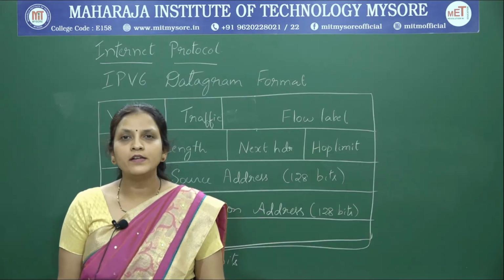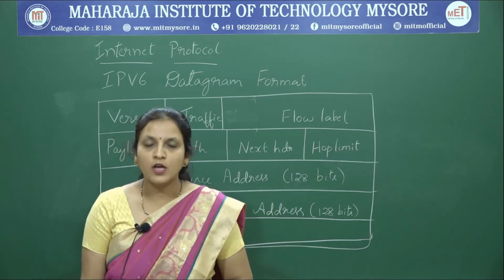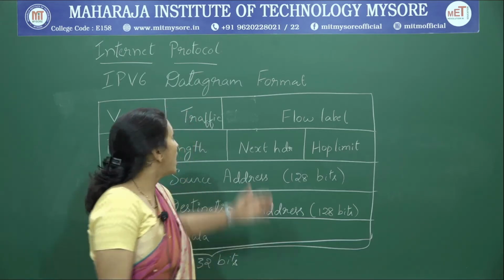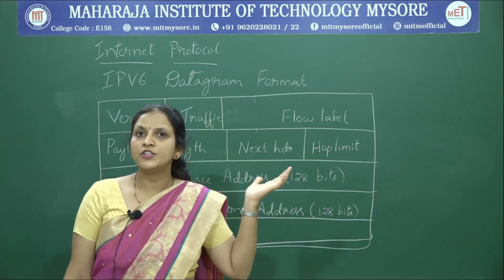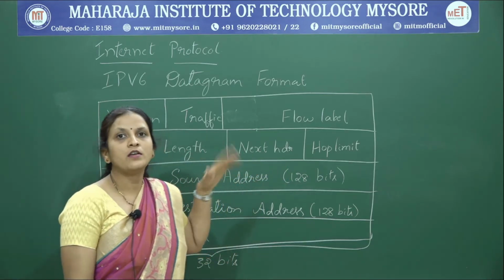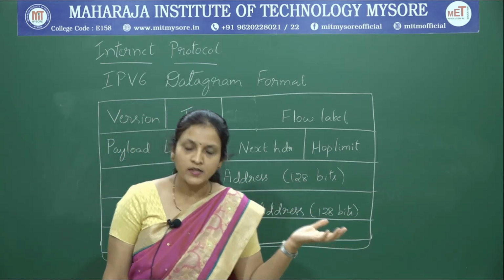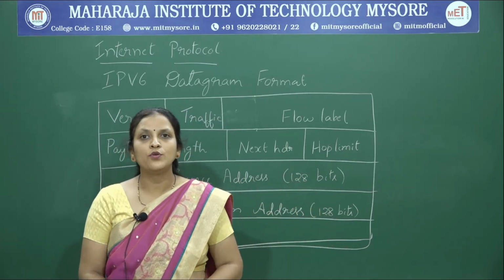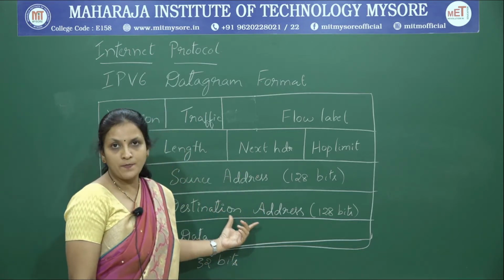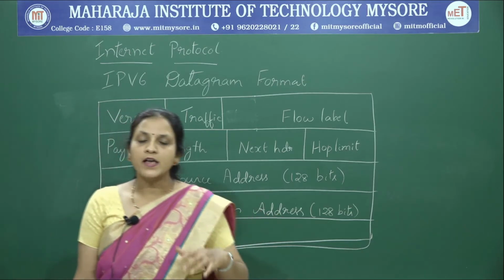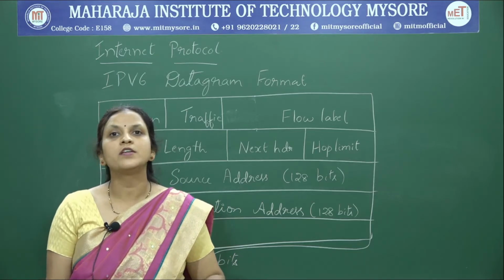In the early 1990s, the Internet Engineering Task Force started developing a new version of the protocol, that is IPv6. What is the motivation for this? The prime motivation behind inventing a new version of the internet protocol is that in IPv4, as I already told you, we had a 32-bit space for source and destination IP addresses, which was not sufficient as the number of users of the internet increased enormously.